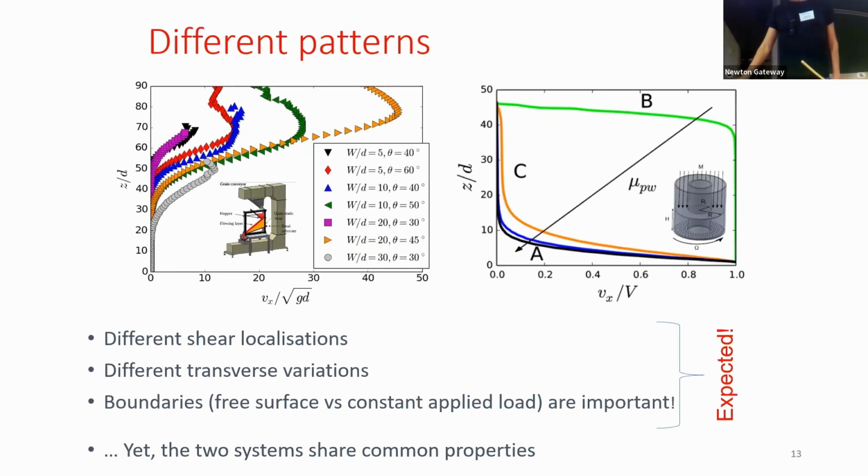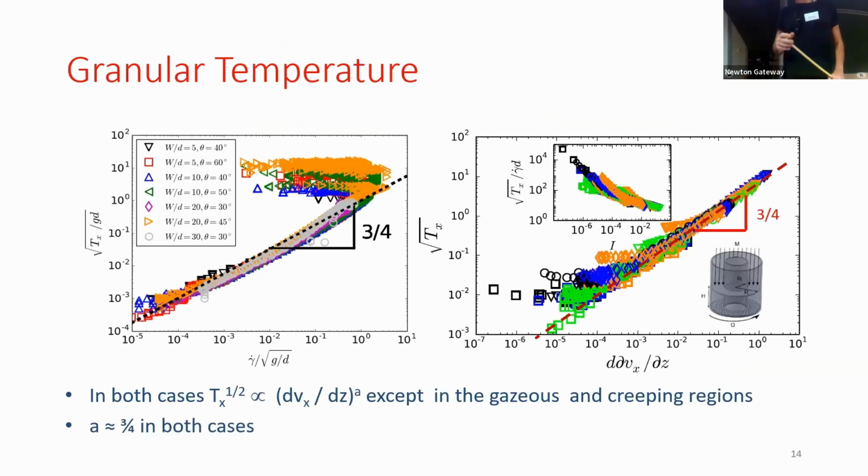One of them is, for example, if you look at the granular temperature, and if you report the granular temperature versus the shear rate, you can observe that you have a quite unique relation between these two quantities, which means that the square root of the temperature scales with the shear rate. So it is a power law, more or less.